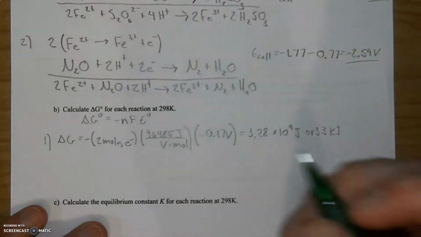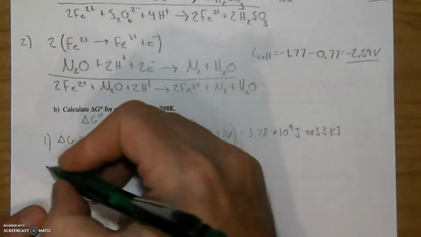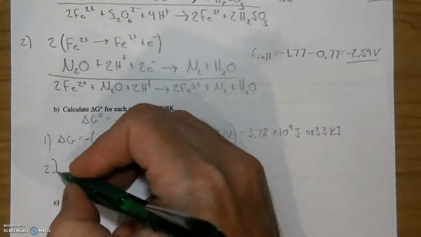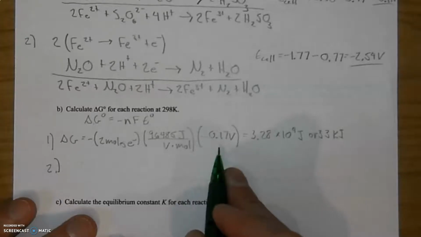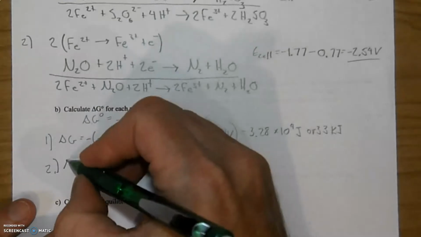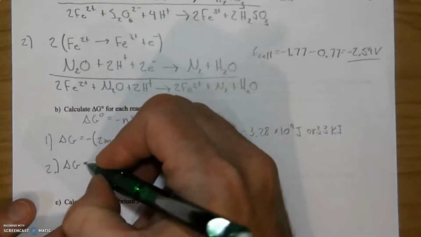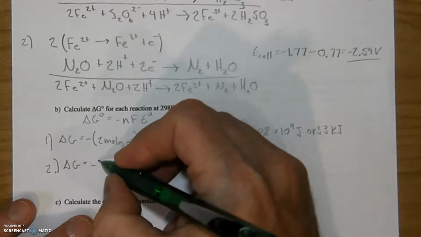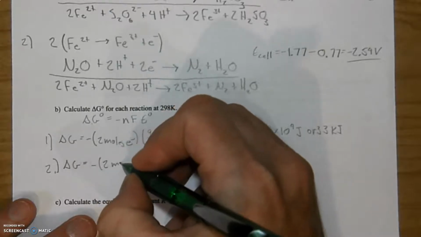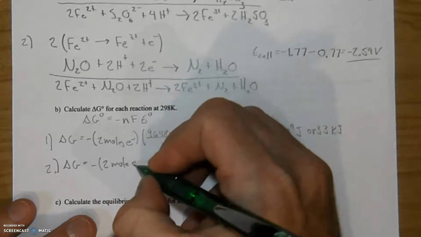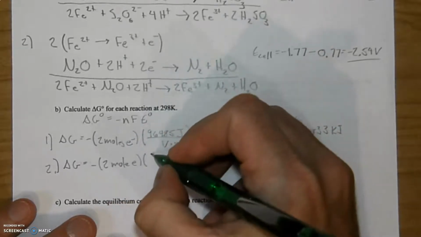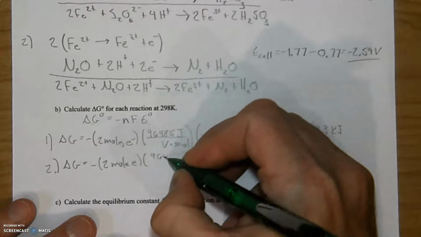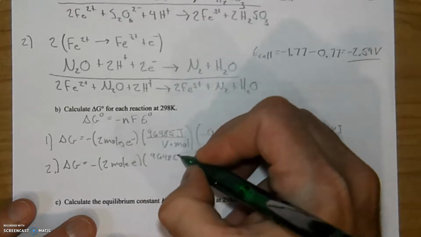For the next one, 2, grabbing the information from above again. As far as exchanging, we only have 2 electrons. So 2 moles of electrons exchanging place, 96,485 joules.